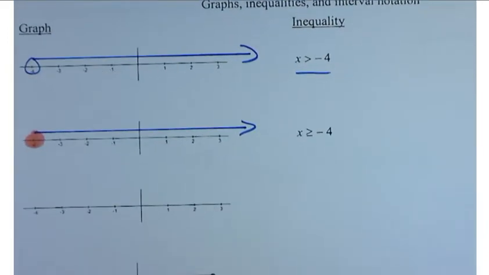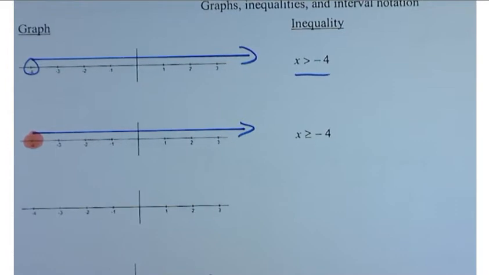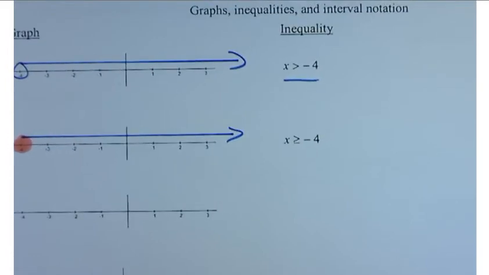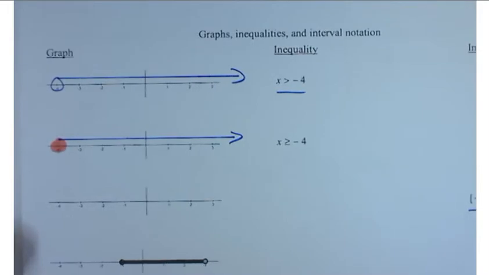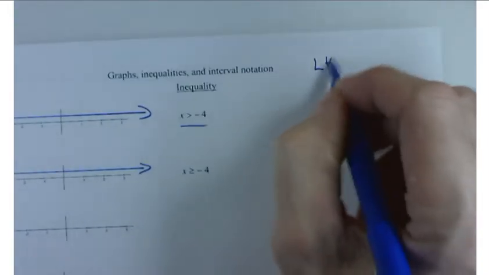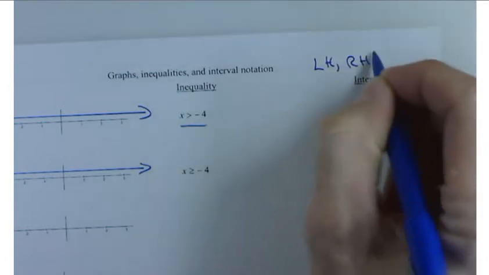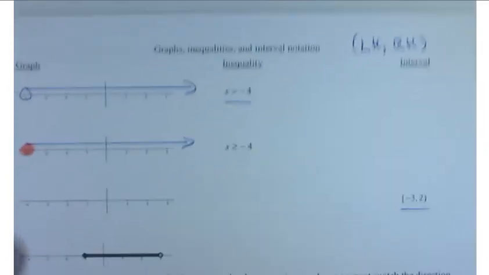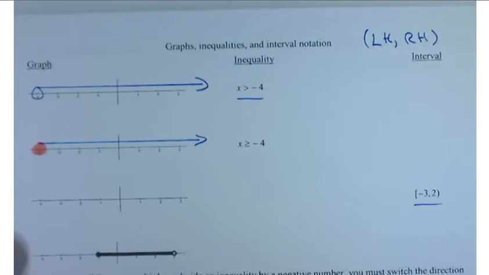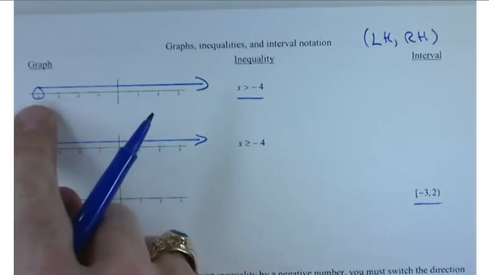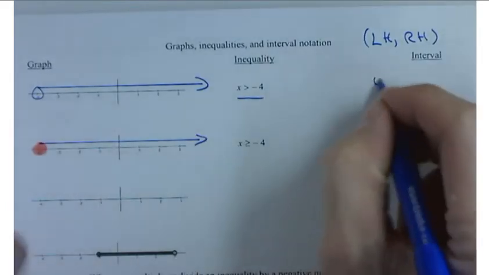So now let's turn over to look at the interval notation. For interval notation, it's always the left-hand endpoint to the right-hand endpoint. We're going to use brackets and parentheses in kind of a combination. In this first one, at the left-hand end is the number -4.